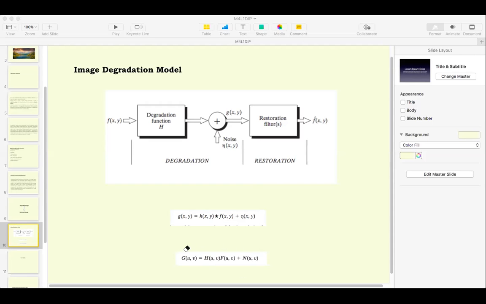So this is the second portion. This is the equation of the frequency domain representation. G(u,v) is equal to H(u,v). Now in the spatial domain it is convolution, in the frequency domain it is multiplication. This is the advantage. So it is F(u,v) plus N(u,v).